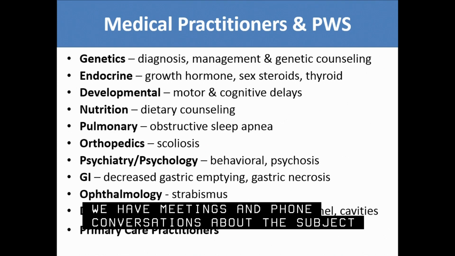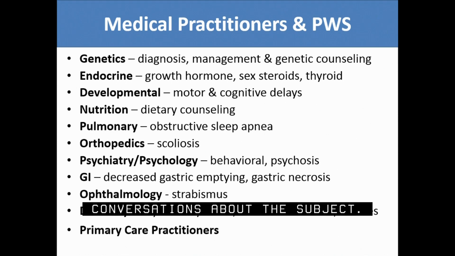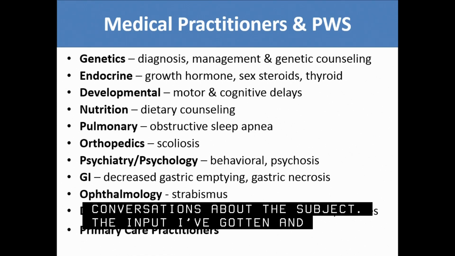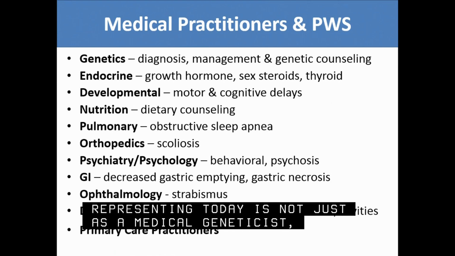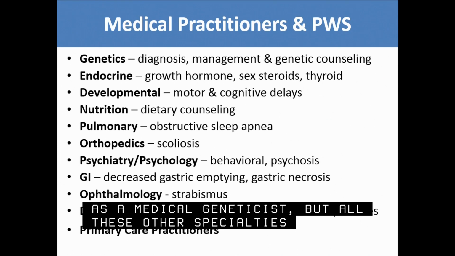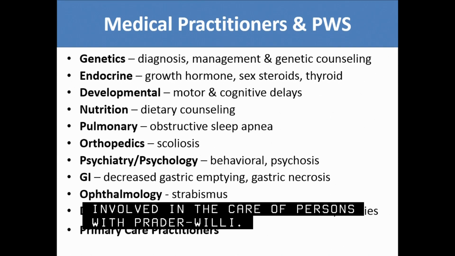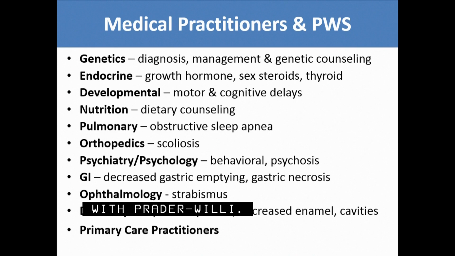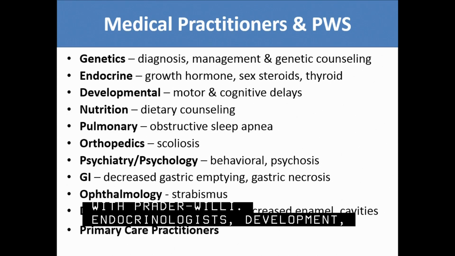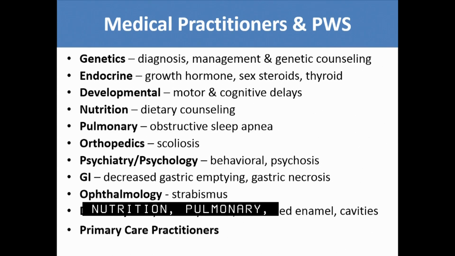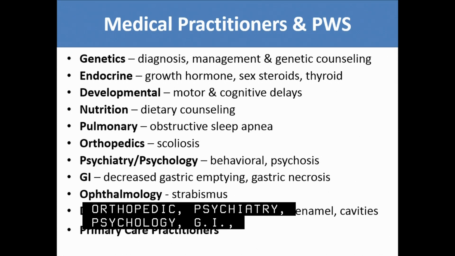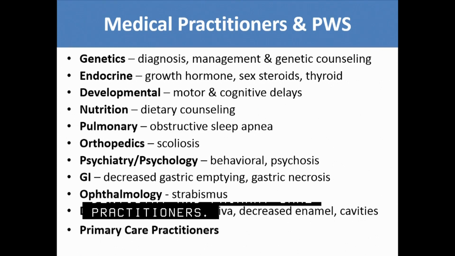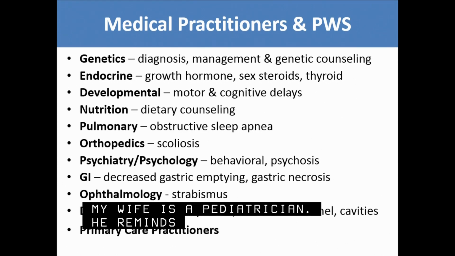So the input I've gotten and am representing today is not just as a medical geneticist, but from all these other specialties involved in the care of persons with Prader-Willi: endocrinologists, development, nutrition, pulmonary, orthopedics, psychiatry, psychology, GI, ophthalmology, dentistry, and of course, primary care practitioners. I always have to make sure I say that because my wife's a pediatrician, and she reminds me the specialists feed into the hub of the wheel.